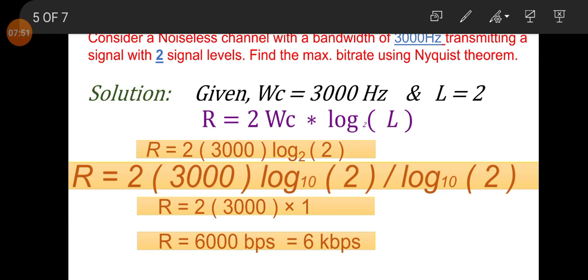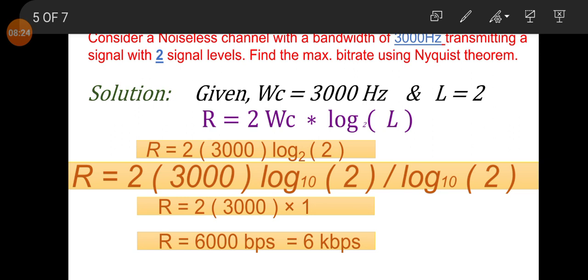So here in this step, what we are simplifying is, the logarithmic value with the base 2, we are converting to the logarithmic value with the base 10. Clear? In the previous video also I explained why we need to convert base 2 values to base 10. Because whatever logarithmic table we have, or whatever logarithmic values we get from a scientific calculator, those values are all with base 10.